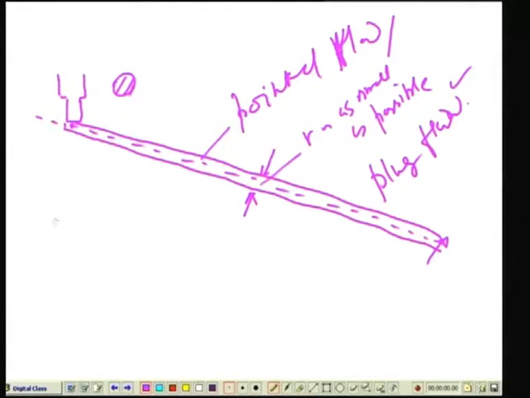What happens essentially in cases like this is, observe a plot like this.